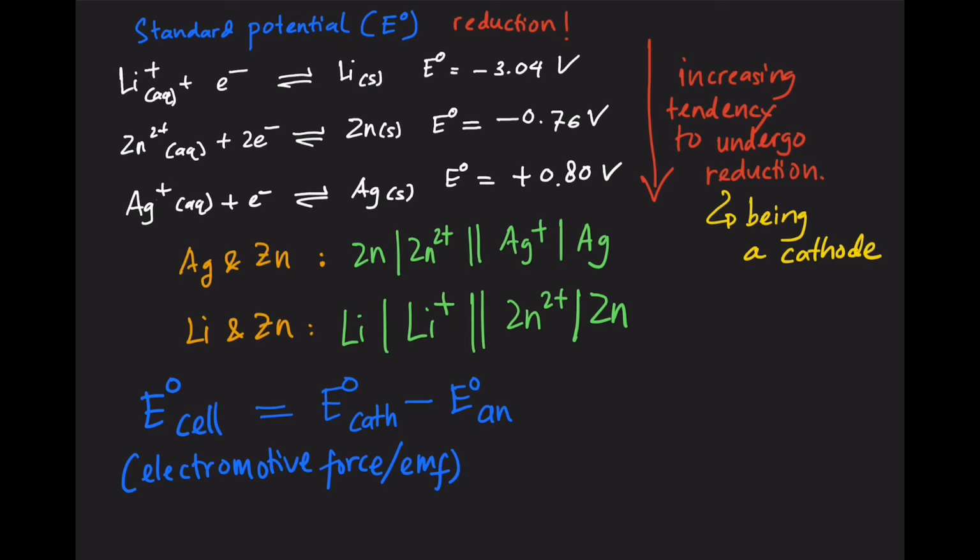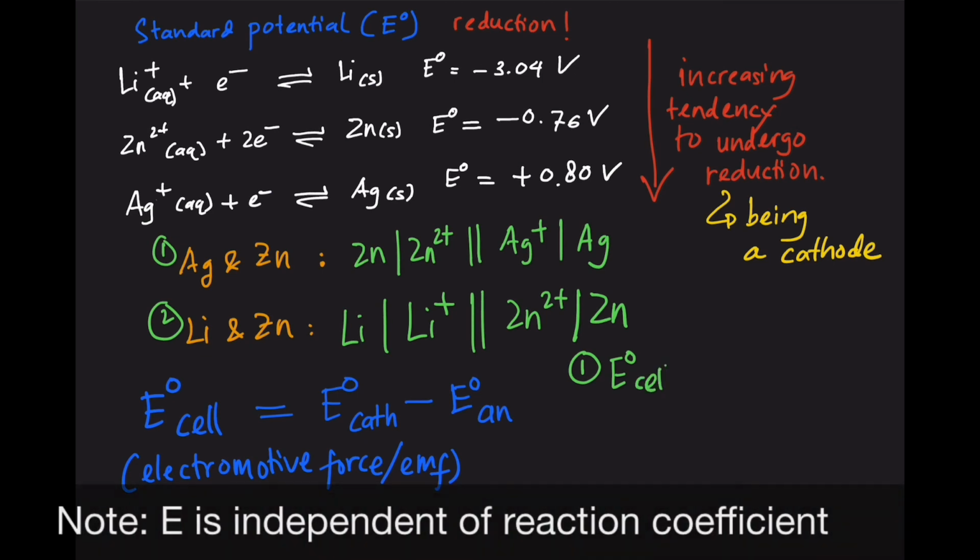So, let's say we have first system and second system. For the first, the E cell is going to be equal to the cathode, so 0.80, minus the anode, so minus 0.76.